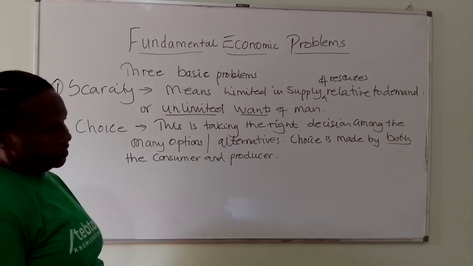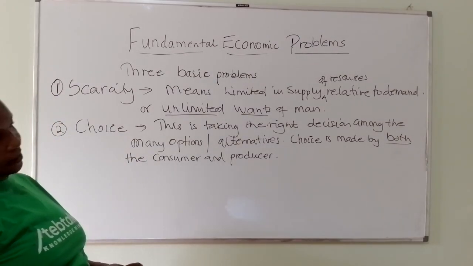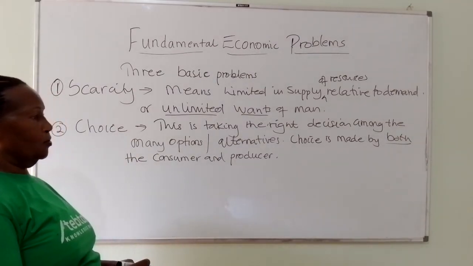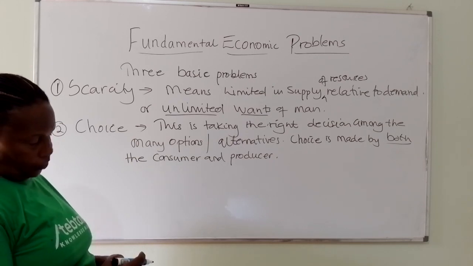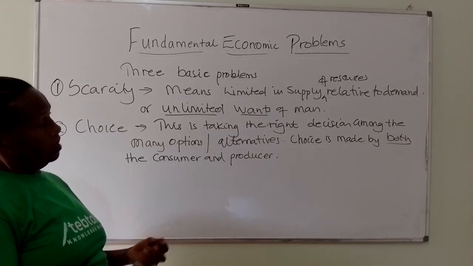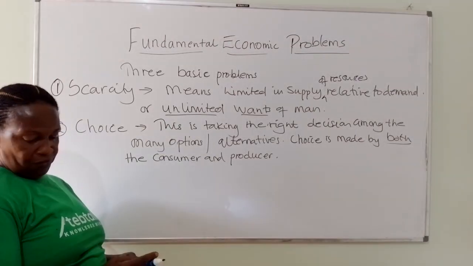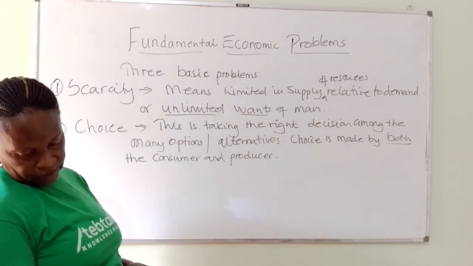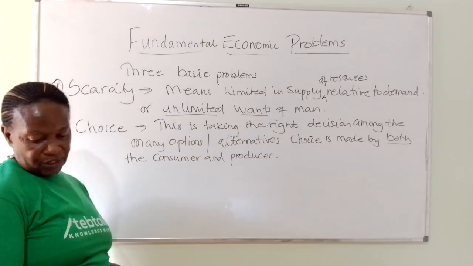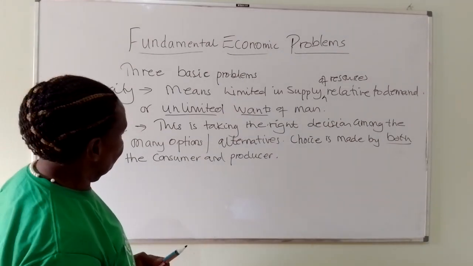Even the producer doesn't have enough resources for the production of the various goods and services needed in an economy. Hence, whenever he chooses to produce one commodity, he leaves out others which remain unproduced. Man has to choose among the alternatives and make a scale of preference.